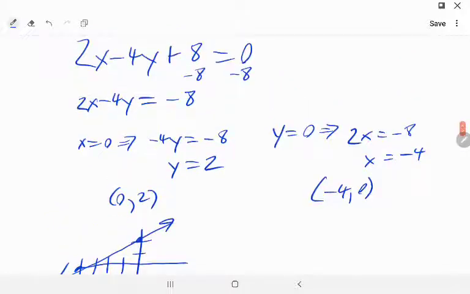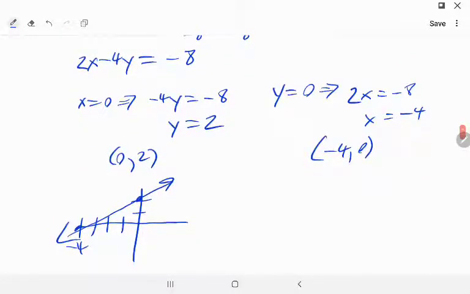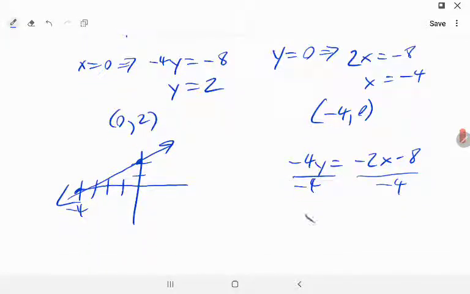Or we could have said negative 4y equals negative 2x minus 8, divided both sides by negative 4, and gotten y equals 1/2 x plus 2. So which one of those is easier? About the same amount of work either way. So it's really a question of personal preference.